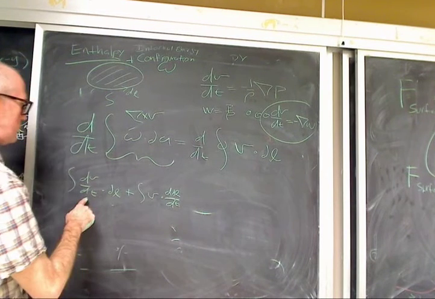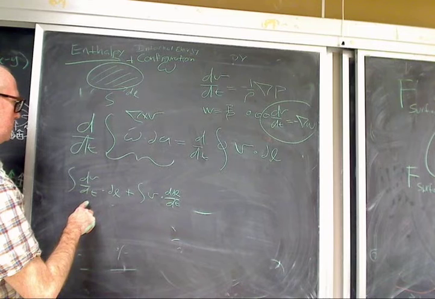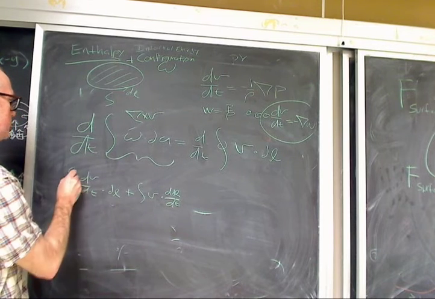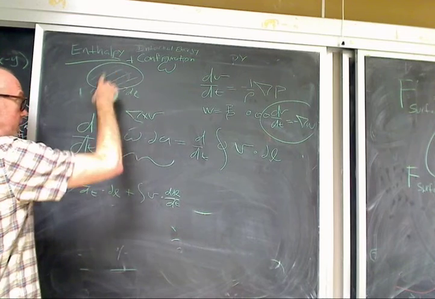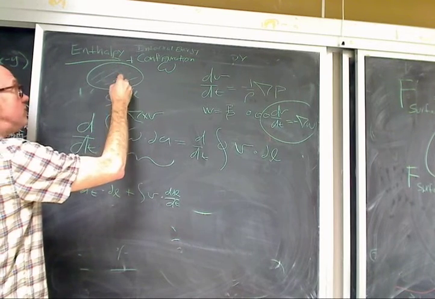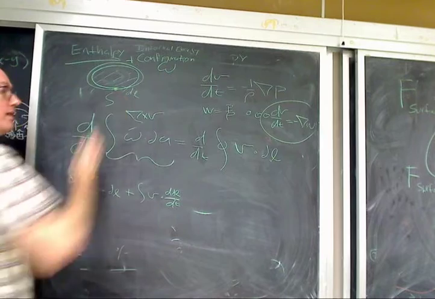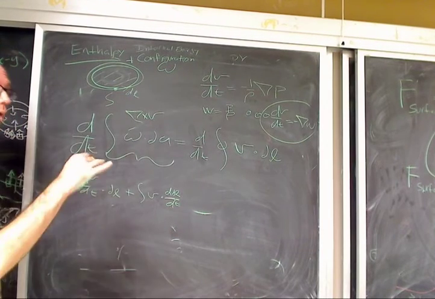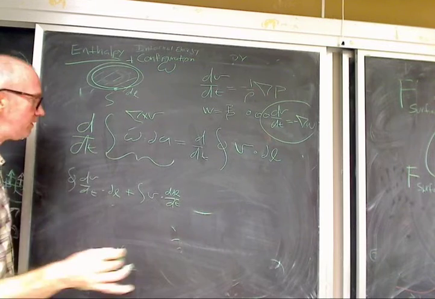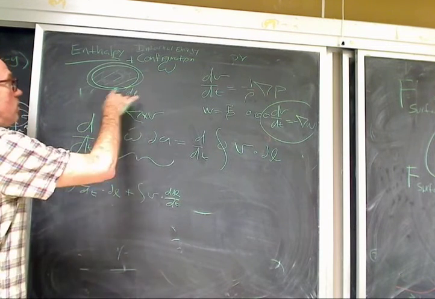So let's start with this term. Now what are we doing? Instead of integrating vorticity across the surface, we're integrating velocity around the edge. We get to do that because of the fundamental theorem of calculus, or Stokes' law, however you want to call it. So we're going around a circle.